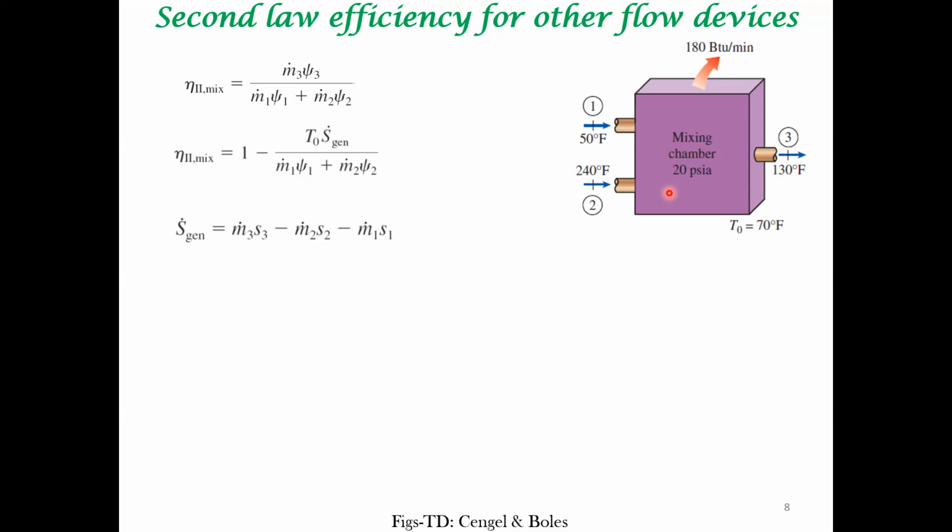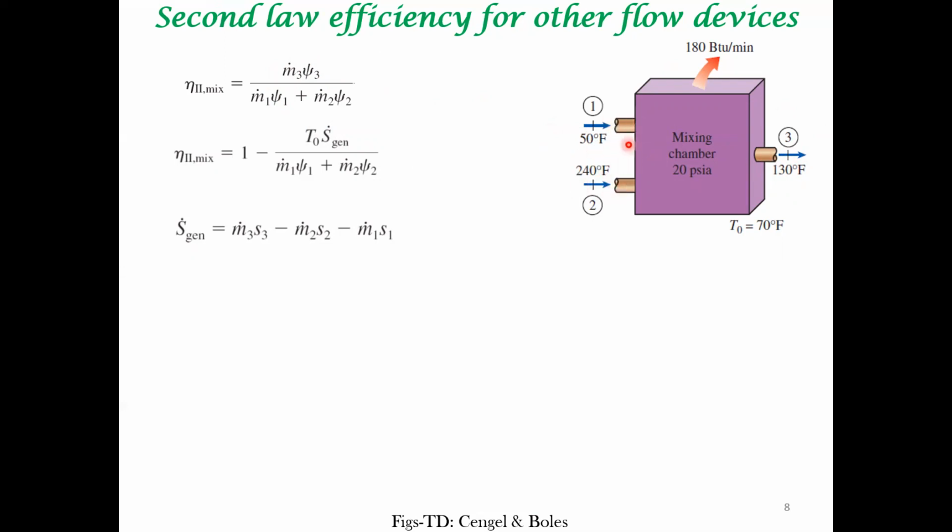Mixing, because there is always a temperature difference, and these two streams with different temperatures are brought together to get a single fluid stream at a particular temperature. So when you do this, how do you define the second law efficiency? It is the mass flow rate of the outlet stream times the exergy per unit mass of the outlet stream, divided by the inlet exergies.